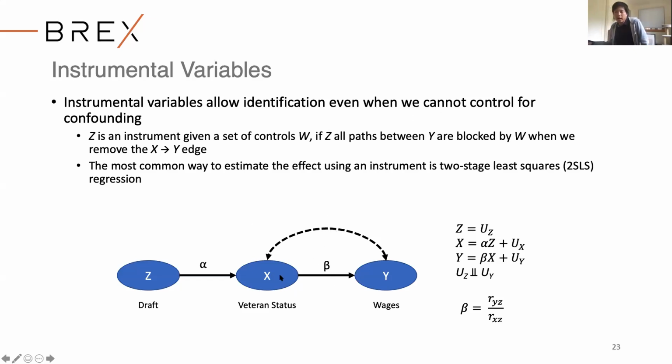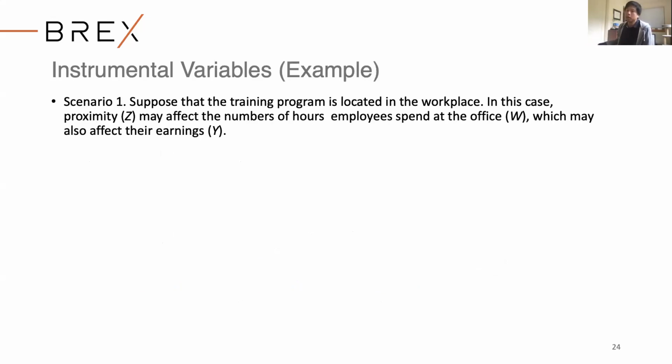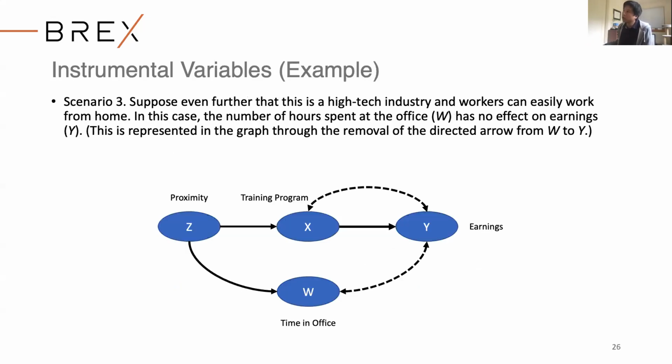I want to know the effect of X on Y. There's no way I can know the effect of X on Y by controlling for the confounders, because I just don't observe those confounders. I haven't collected data on them. So if I have something called an instrumental variable, which essentially has this structure here, then I can still estimate the causal effect under certain parametric assumptions. But I'm going to skip this for now and just keep going.